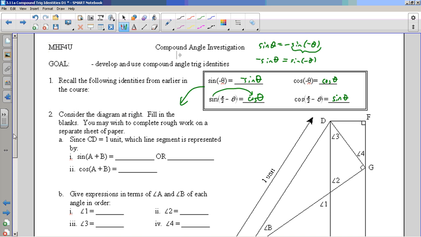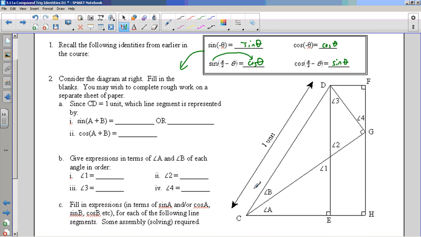Now, how does this work? It all goes with this diagram, okay? This diagram says that this length, CD, is 1. And then I can just go through, follow the instructions, and fill out the sheet. So sine of A plus B, for instance. Well, there's the angle A plus B. The sine is opposite over hypotenuse, right?